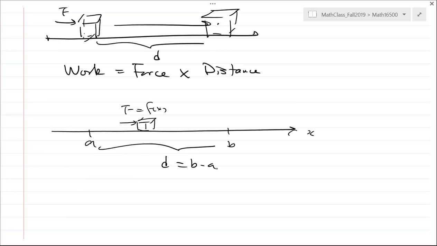What you do is you divide this interval into many subintervals. So it's going to be a = x0, x1, ..., xn = b. Over each interval, you can assume the force is constant.